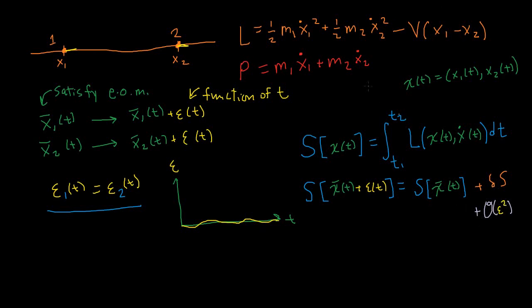And so if x bar of t is stationary, which is exactly what it has to be to satisfy our equations of motion, then delta S equals 0. So delta S has to equal 0 for any tiny variation from our true path x bar. That includes this tiny variation that we have here, which is a tiny time-dependent translation.